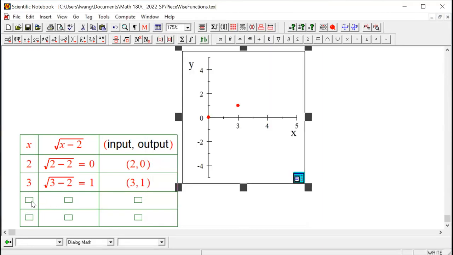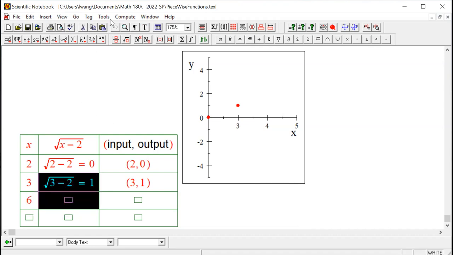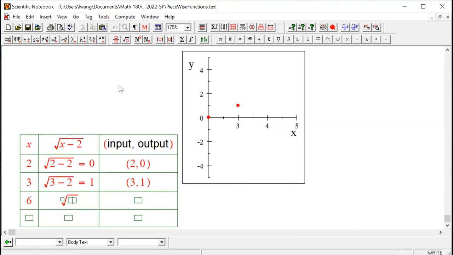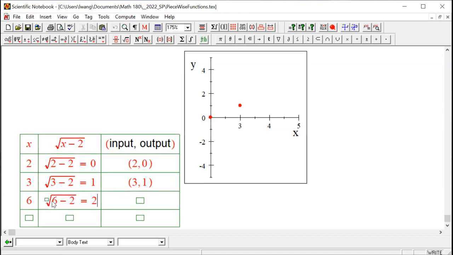And what else? The next one, I'm going to choose 6. Root of 6 minus 2 is root 4. Root 4 is 2.